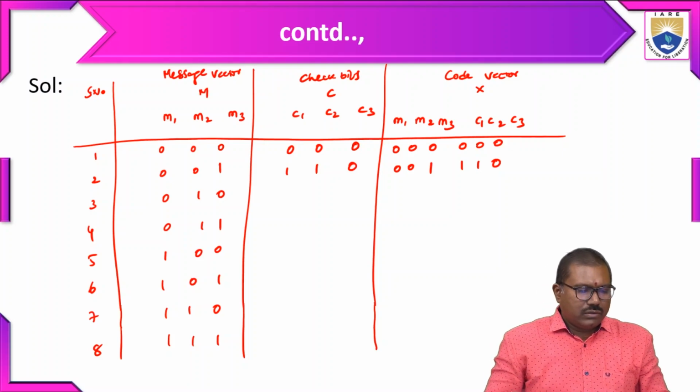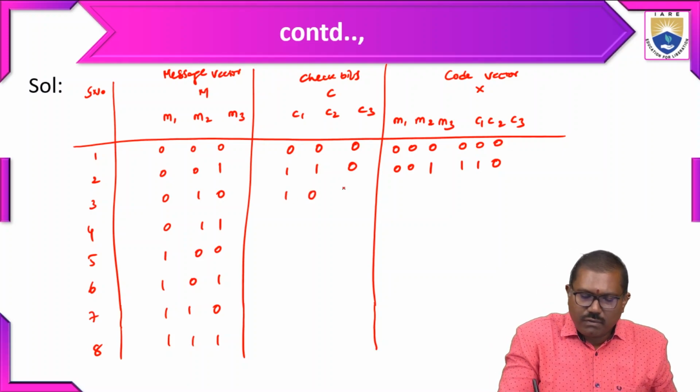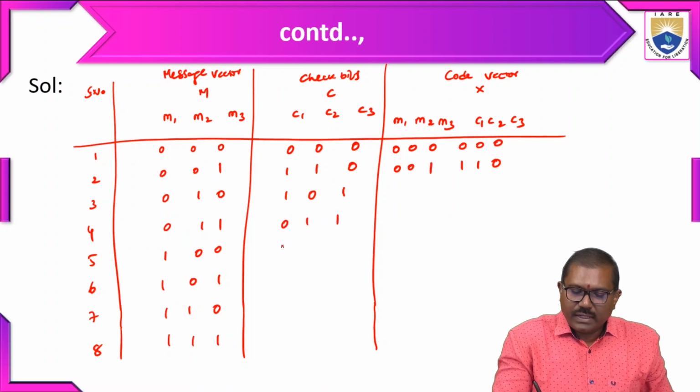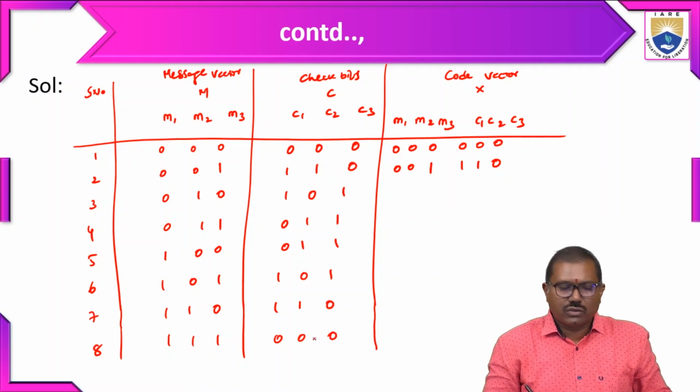Okay, so for this 101, for this 011, and again this also 011, 101, 110. The last one is again all zeros.